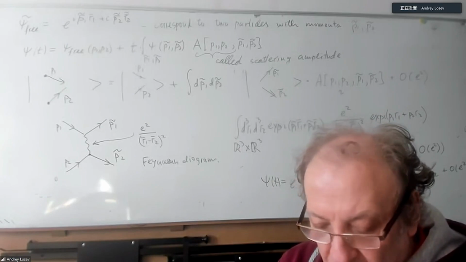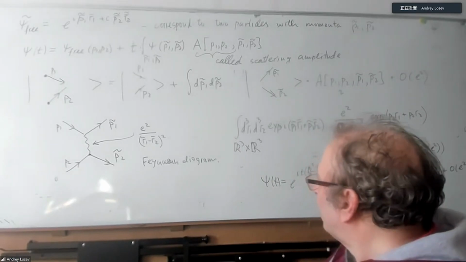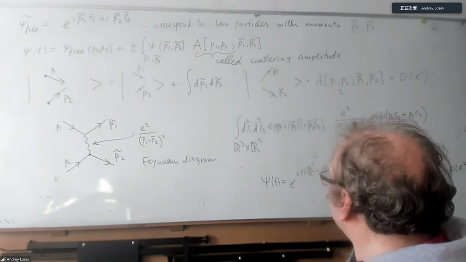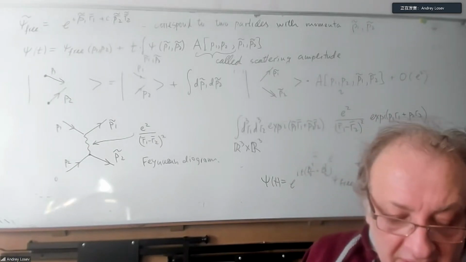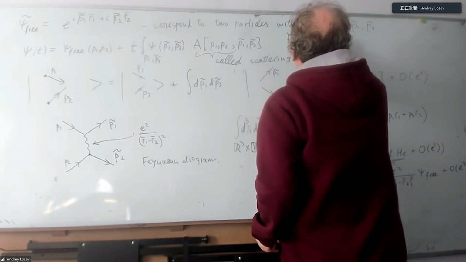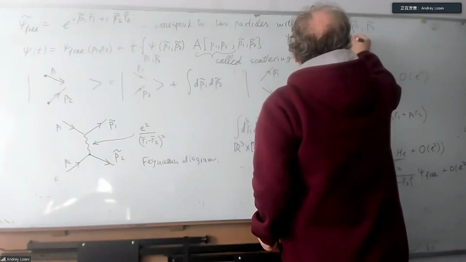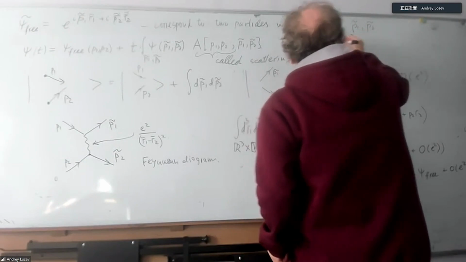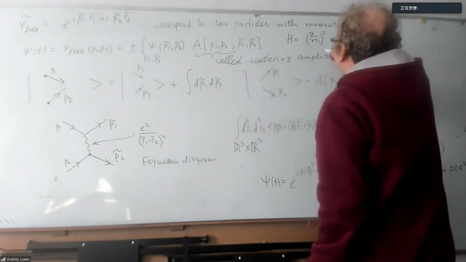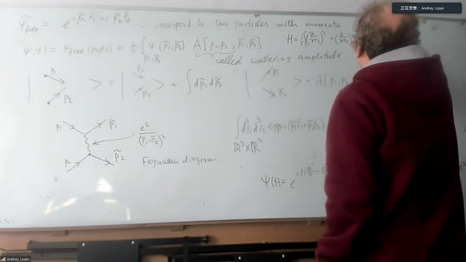And I need to say again that Hamiltonian, it was written here. But I can write it again and again. Hamiltonian explicitly is d over dr1 squared plus d over dr2 squared. So this is called free Hamiltonian.